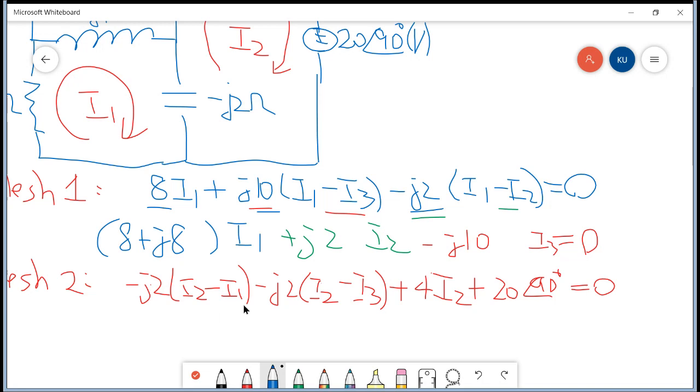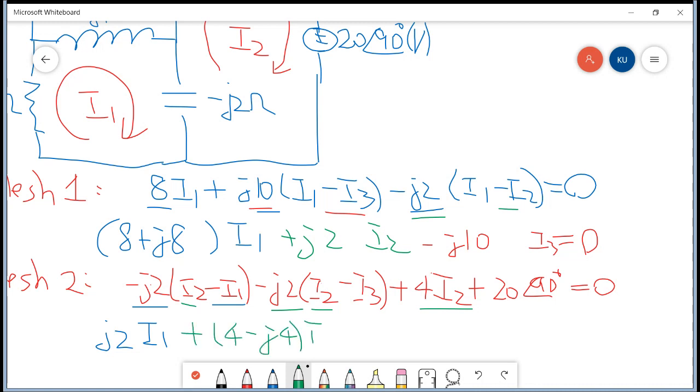Then similarly we can simplify it a bit. So we have J2 I1. And then for I2 we have minus J2 again plus 4, so it will be 4 minus J4 times I2.